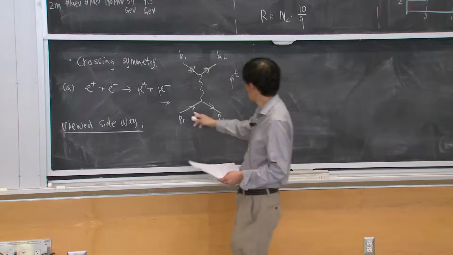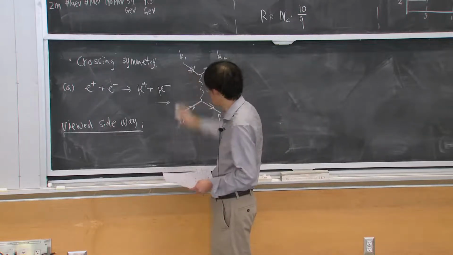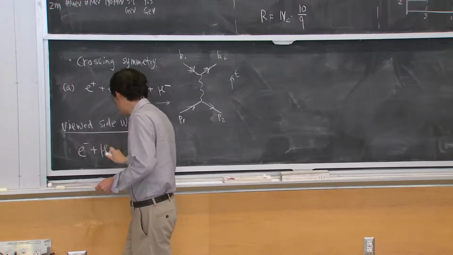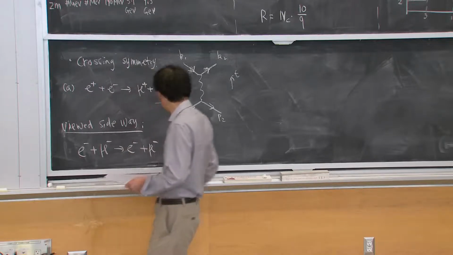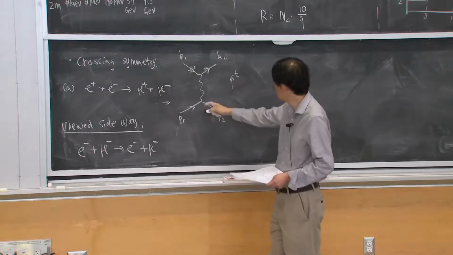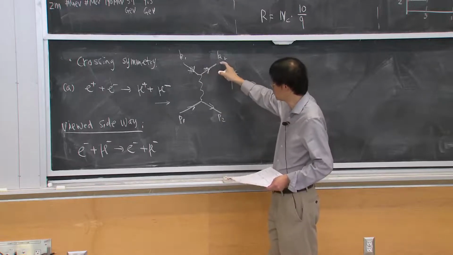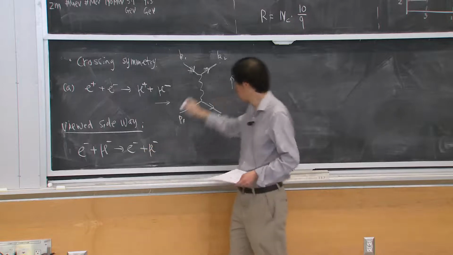Now it looks like you have an initial electron and an initial muon. And this becomes the process E minus plus mu minus going to E minus plus mu minus, because the final particles going out will be the electron and the muon.